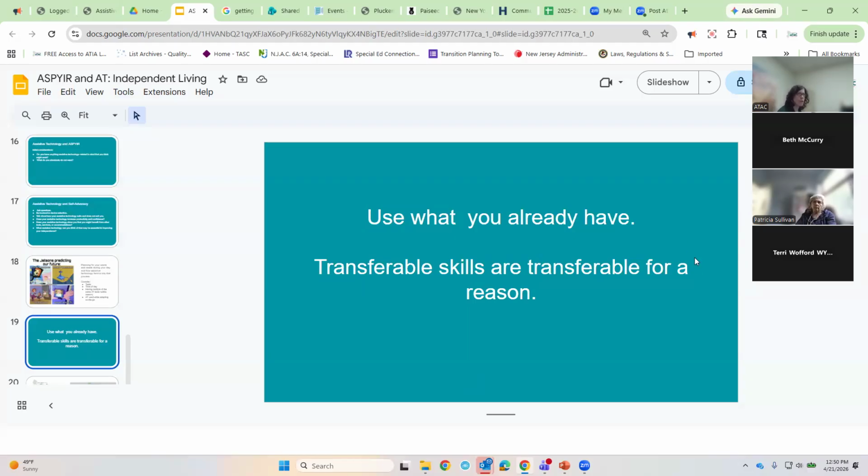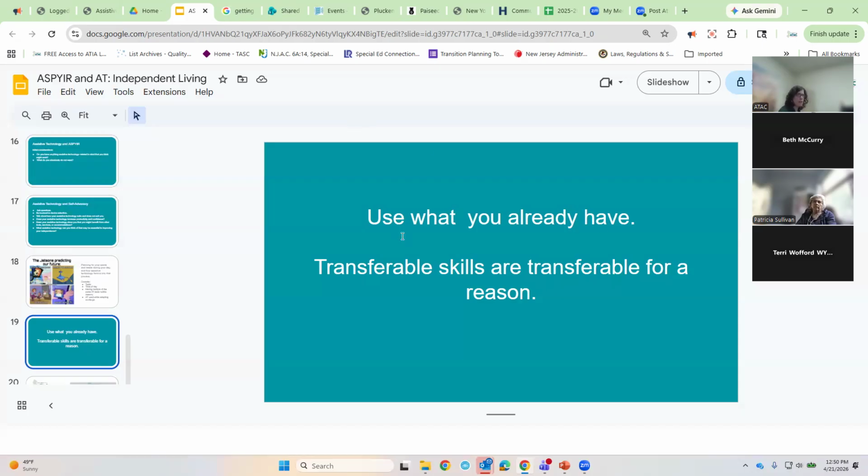Now, does this always work? Sometimes it doesn't. Sometimes a specific device is needed for a specific task, skill, what have you. But many times the AT can be used for multiple reasons.